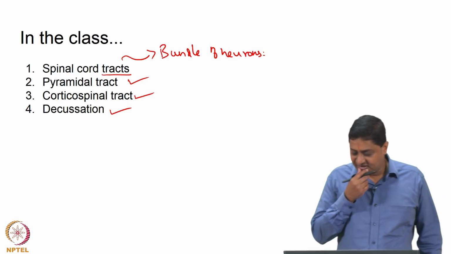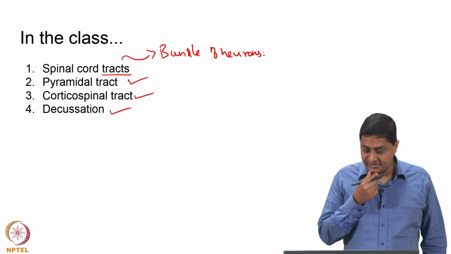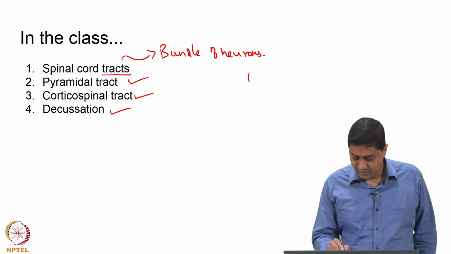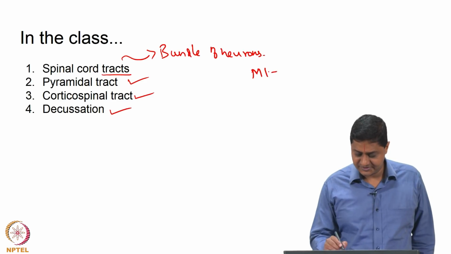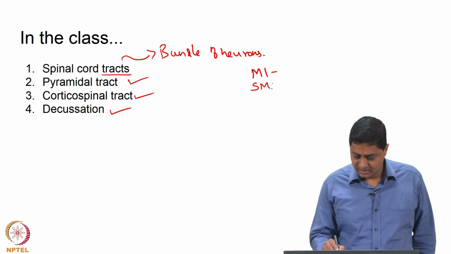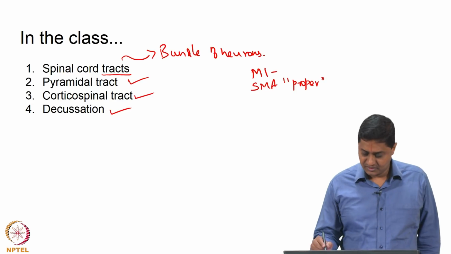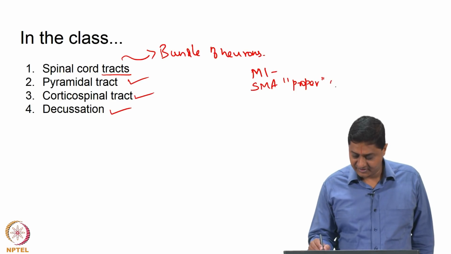What are the various motor related regions in the cortex? Let us remind ourselves. One is the primary motor cortex, M1. Then the SMA proper, the supplementary motor area proper, also called area F3.